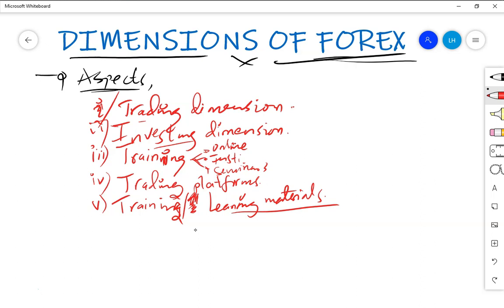If you need Fibonacci, you will find that a person has a collection of materials from different authors talking about the Fibonacci tools. So that person has invested in the same industry, the forex industry, but is not trading, not investing. Basically he is concerned with providing, and mainly it is selling. It's not providing for free, it's mainly selling those training or learning materials.